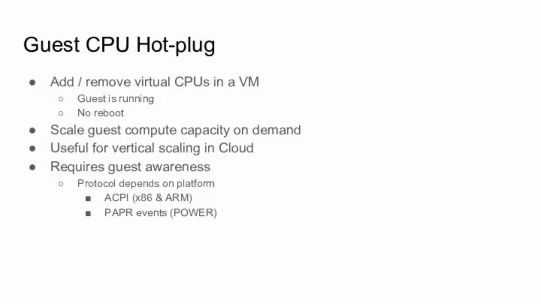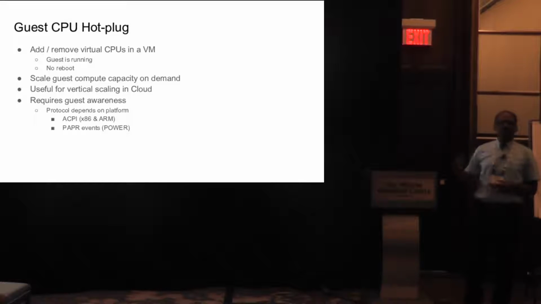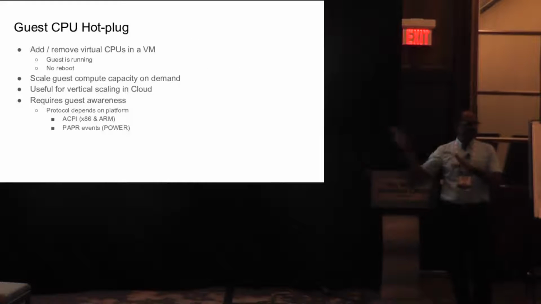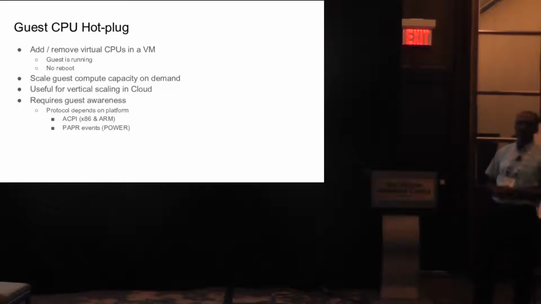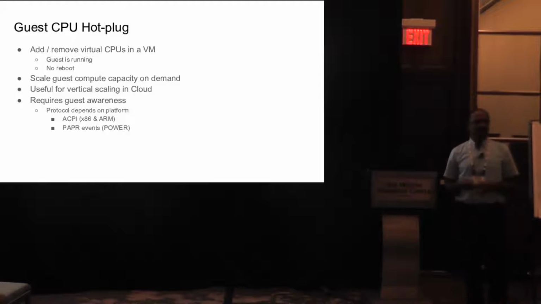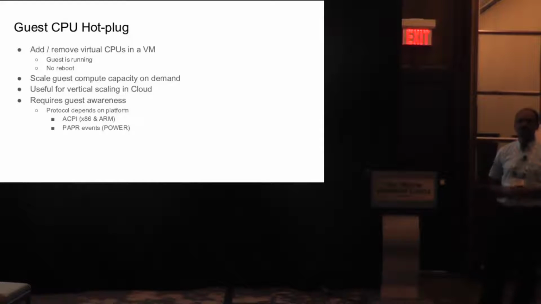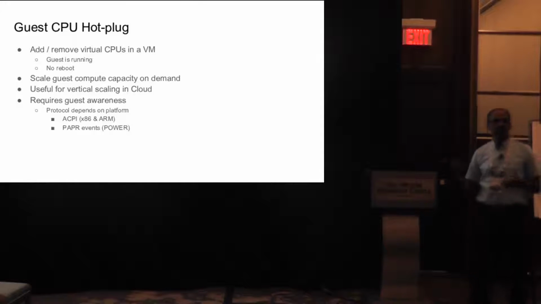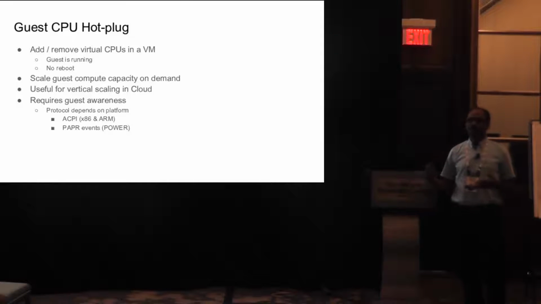Yeah, so this is a mandatory introduction slide we retained here just for offline reference, but since it is here, let me just go through it anyway. So what is CPU Hotplug? It's about adding or removing virtual CPUs from a running guest dynamically, which means that you'll be able to add or remove CPUs from the guest without ever having to reboot the guest.